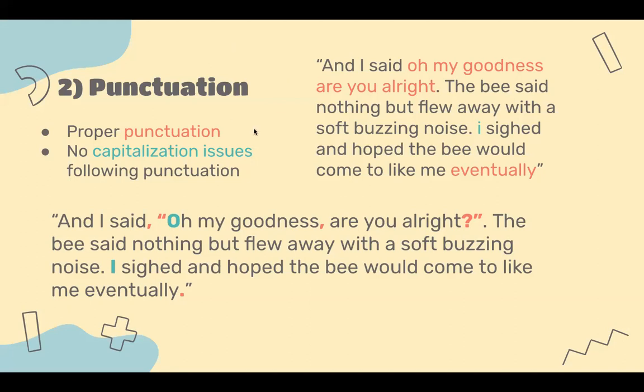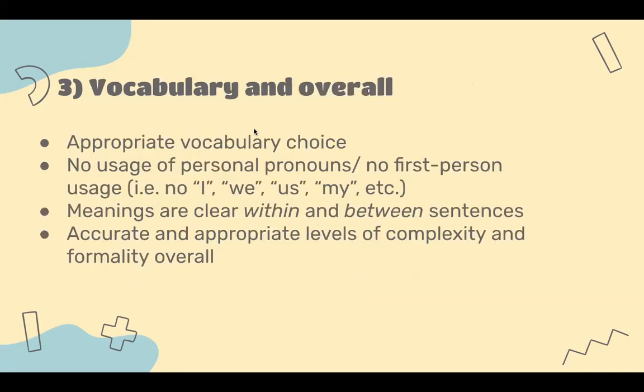And moving on again to the final part of the grammar section, it's vocabulary and overall. So in this section, what we basically look at is appropriate vocabulary choice and the overall feel of your essay. Is it formal enough? Is it academic enough? Is it professional? So a lot of your instructors will have stressed that you should avoid personal pronouns. That is, no first person, no I, no we, no us, no my, etc. This is because your essay should come off as impersonal.